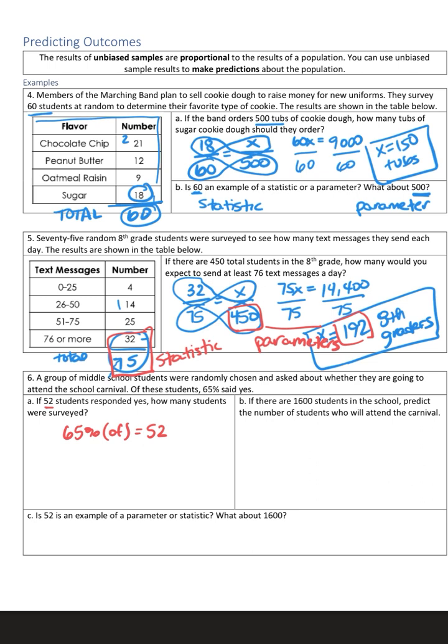All right, I can turn that into a decimal. If I do 0.65 times some number is 52, then I can just divide both sides by 0.65. And x is going to give me 52 divided by 0.65. And that is going to give me 80 students.